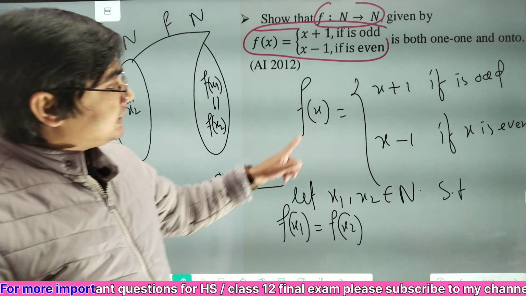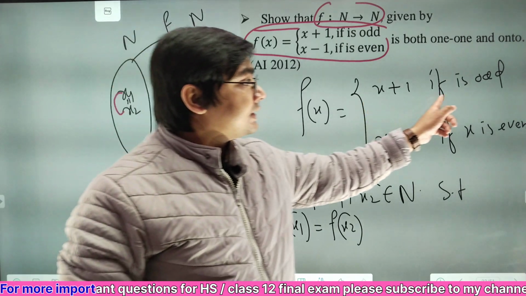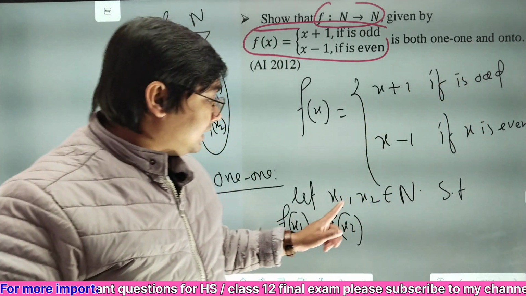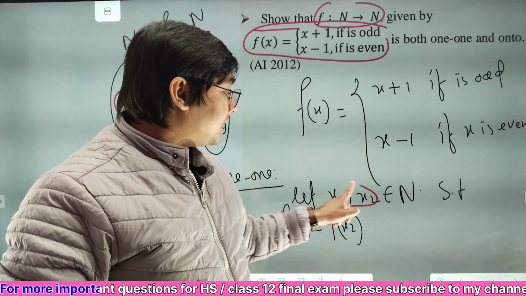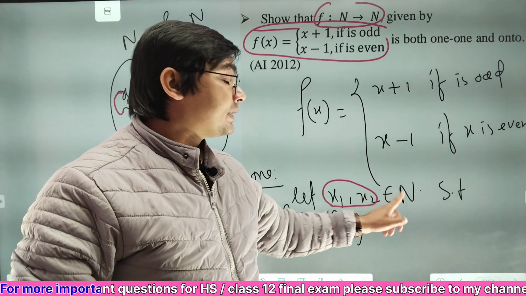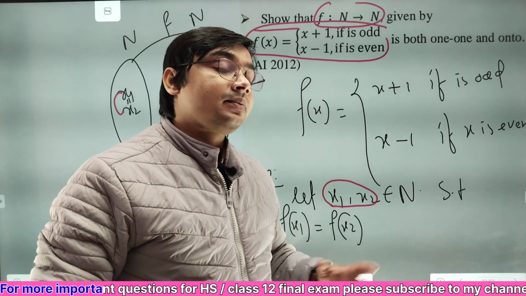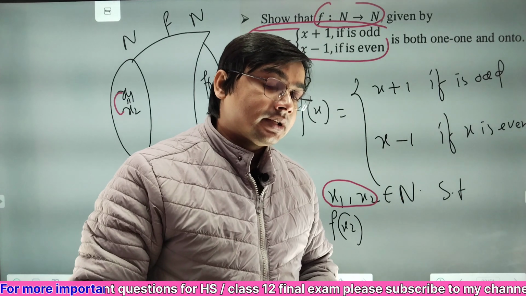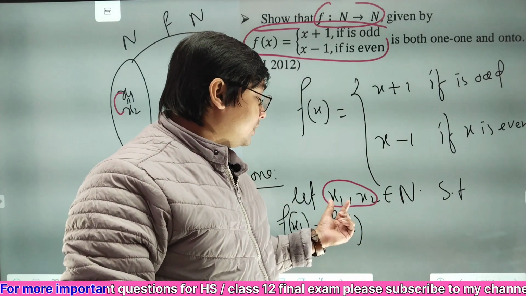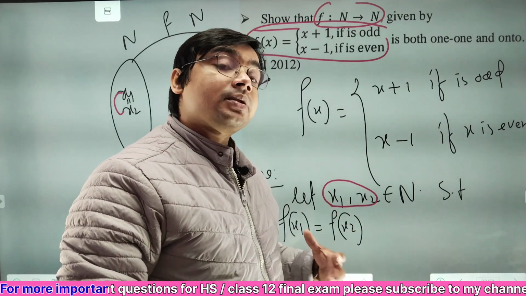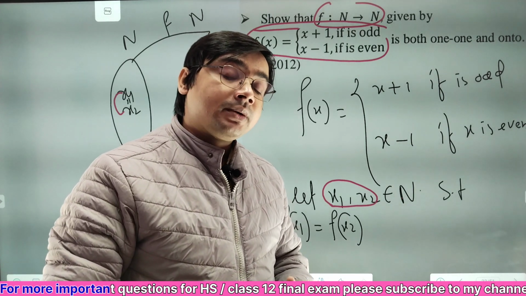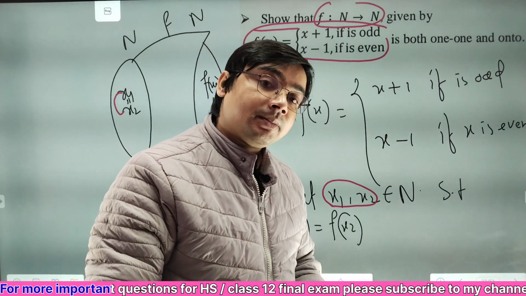Now here you see, since the function is defined by cases, and we consider two elements x1 and x2 from this set N, there are a few cases that will arise. First case: x1 and x2 both are odd numbers. Second case: both are even numbers.